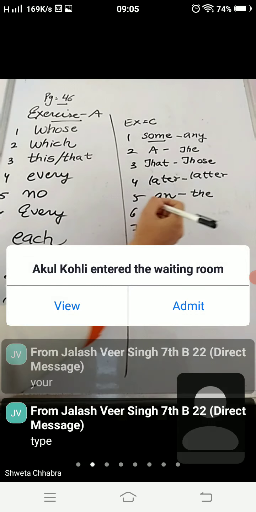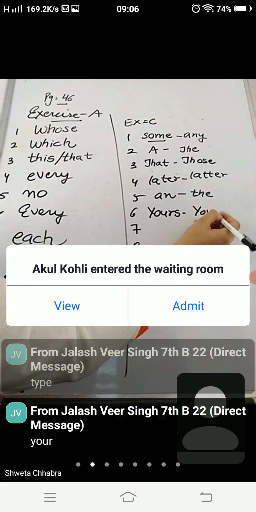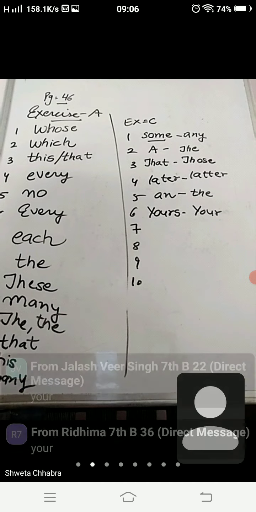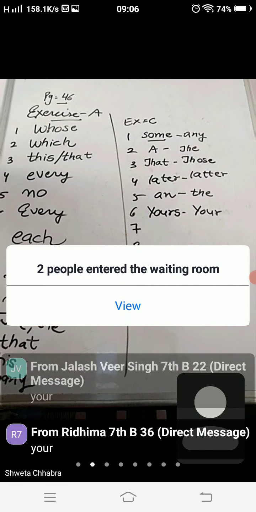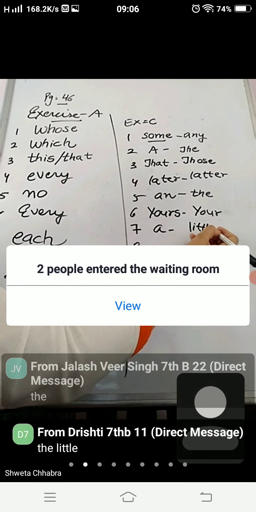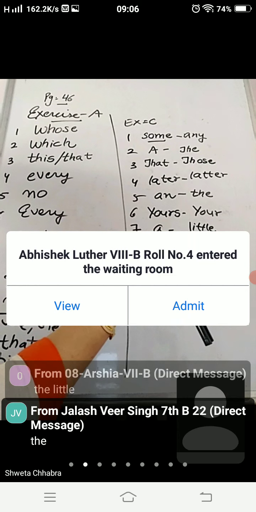Yours school is next to mine. In place of yours, what will come? Your. Okay. Anmol took away a little sugar. In place of a, what will come? Little sugar. This cake has no eggs, but it has a few cocoa.